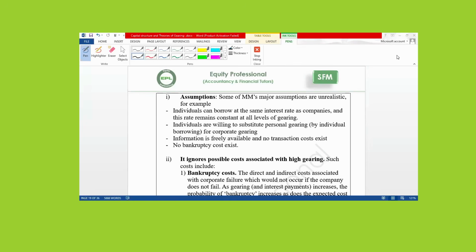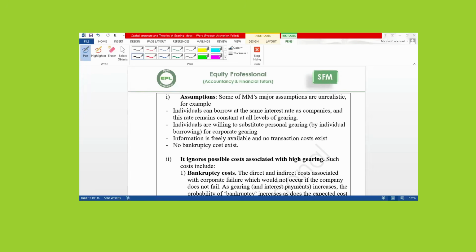Other limitations. The model ignores costs associated with higher borrowings. Modigliani and Miller model ignores possible costs associated with higher gearing, such as bankruptcy costs.